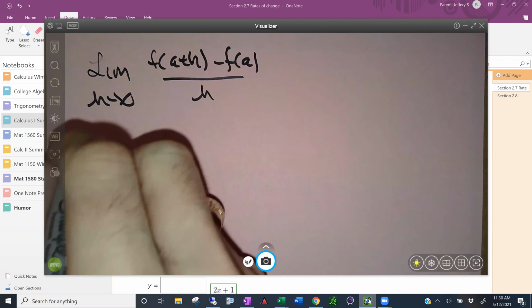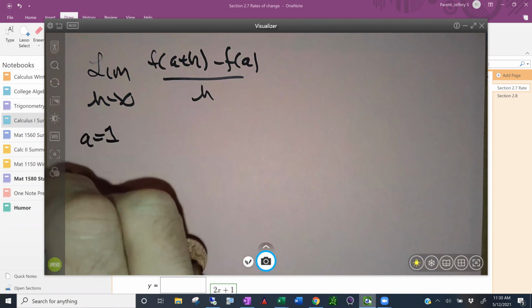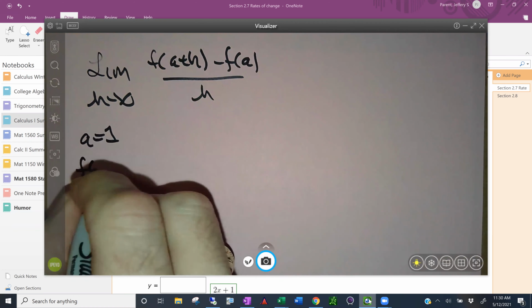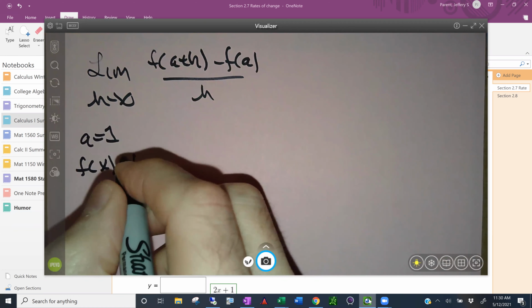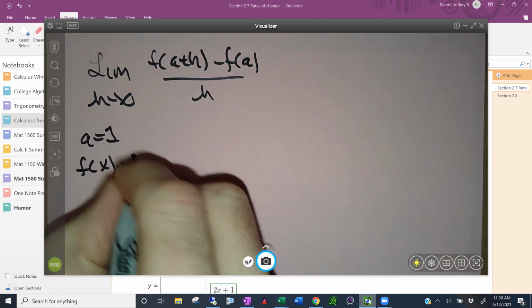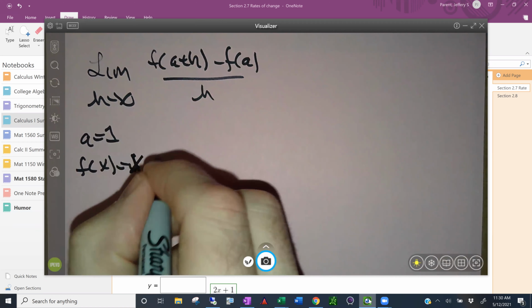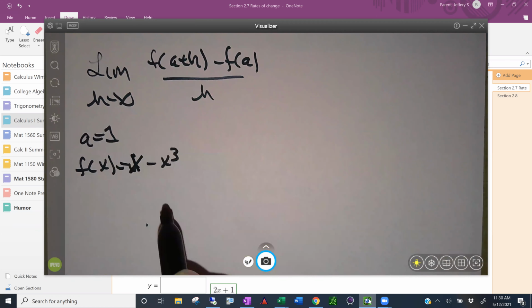Well, a equals 1, and f of x is x minus x cubed. So let's have at it.